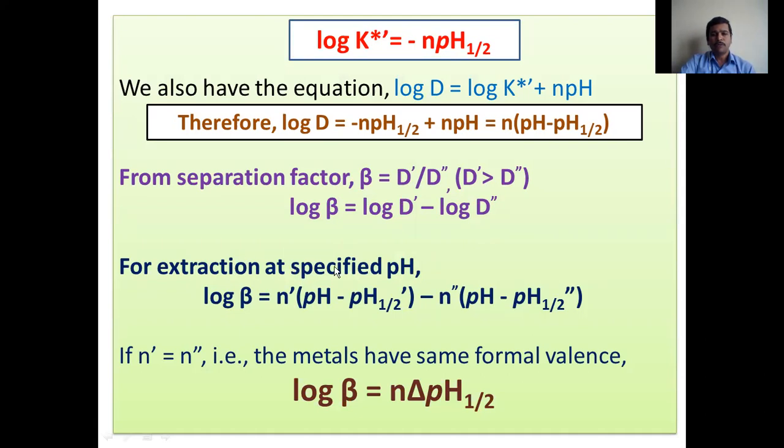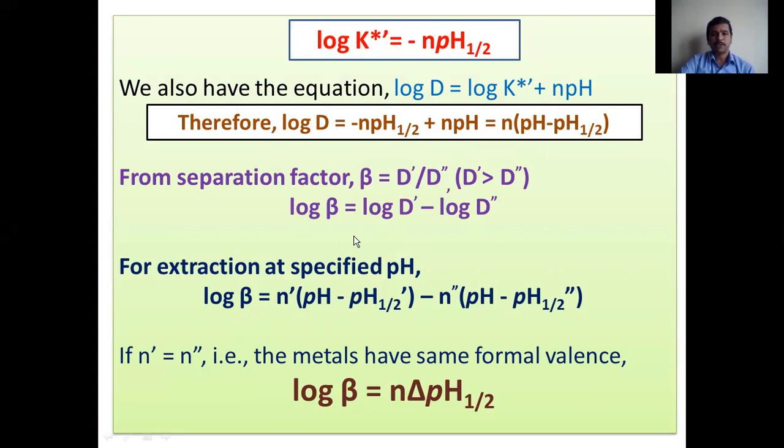If we do extraction at a specified pH, because extraction of metal ions selectively depends solely upon the pH of the aqueous layer, then log beta is equal to, we know, log D is equal to n into (pH minus pH of).